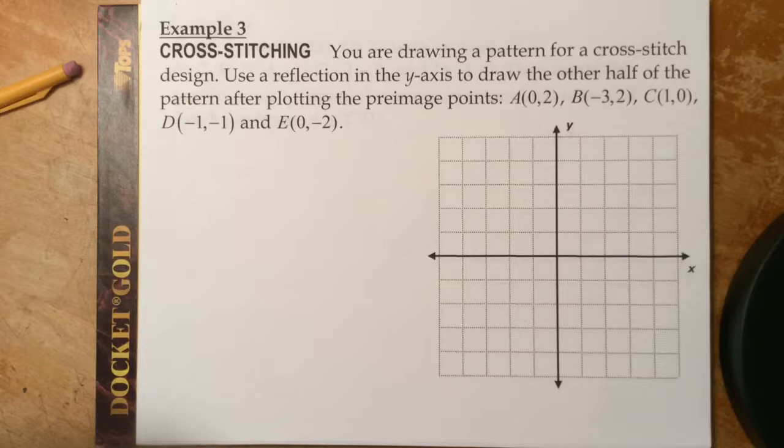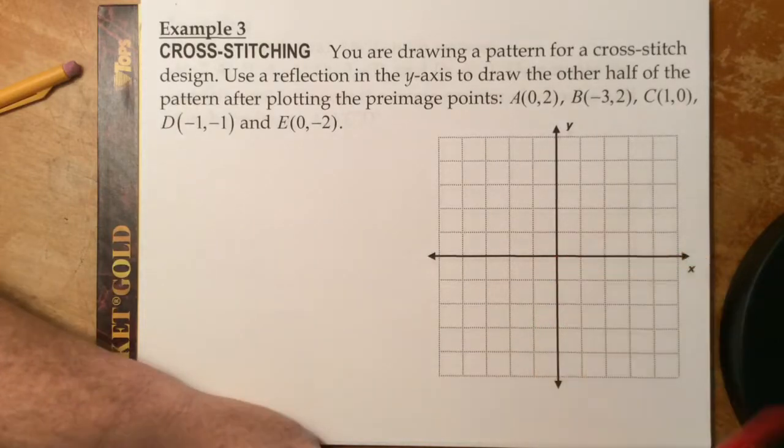Example 3, cross-stitching. You are drawing a pattern for a cross-stitch design. Use a reflection in the y-axis to draw the other half of the pattern after plotting the pre-image points at A (0, 2), B (-3, 2), C (1, 0), D (-1, -1), and E (0, -2). So first we plot these points.